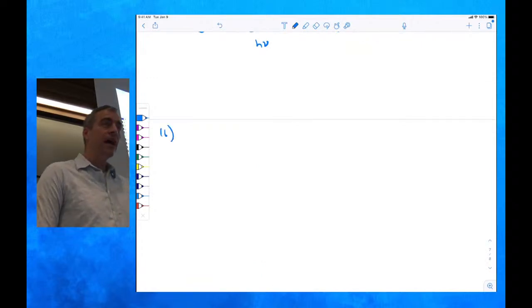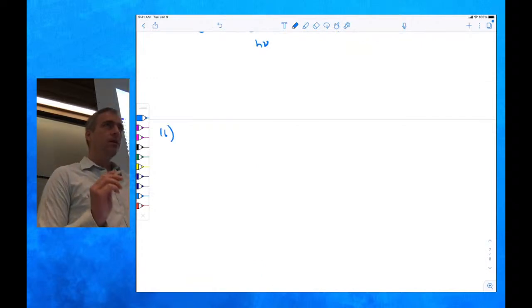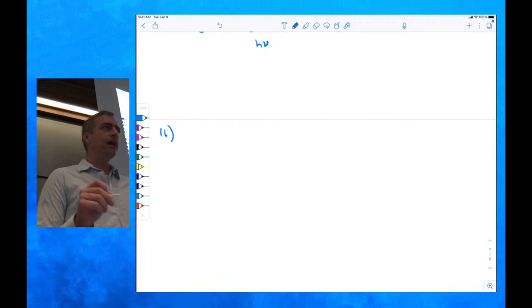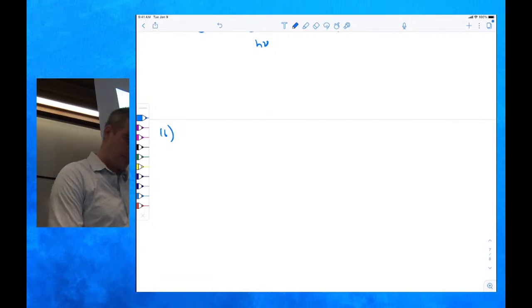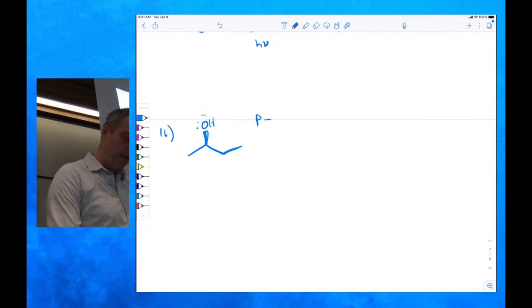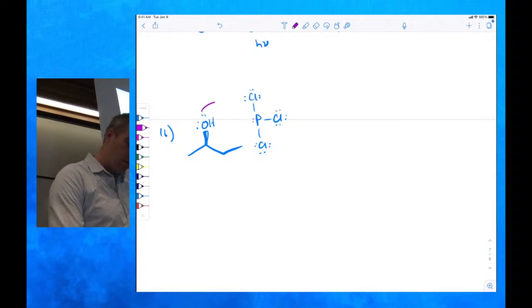In this section, we looked at conversion of alcohols to alkyl halides using PX3. Use a chiral alcohol here, and we said that if this reacts with PCl3 or PBr3, there's a two-step mechanism that happens where that attacks.